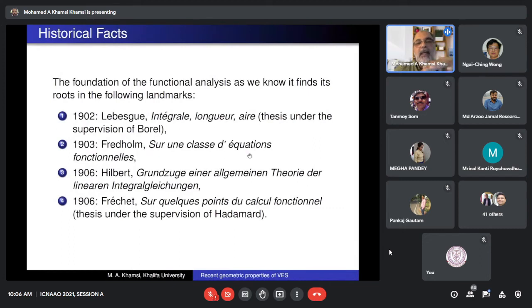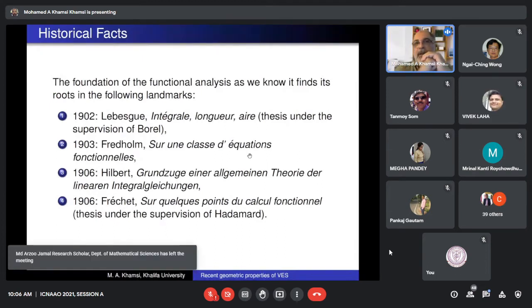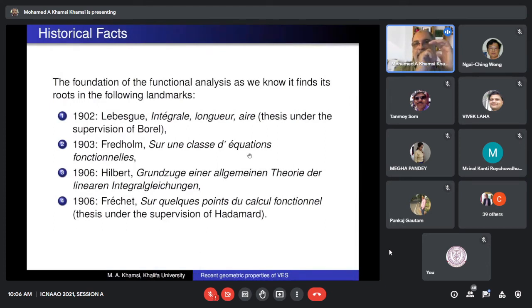So as you can see there, you are not talking about some simple names. These are the founding fathers of modern mathematics, okay? But as you can see, they are all around the same period of time, all of them, okay?